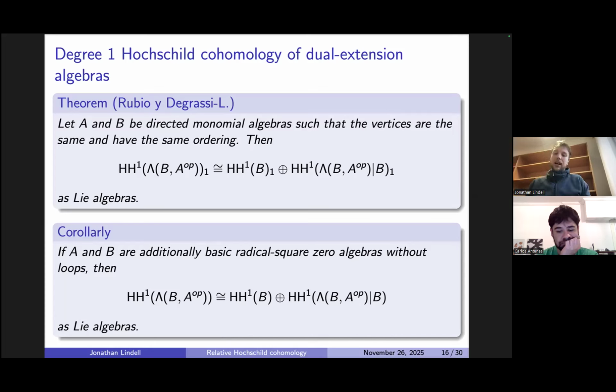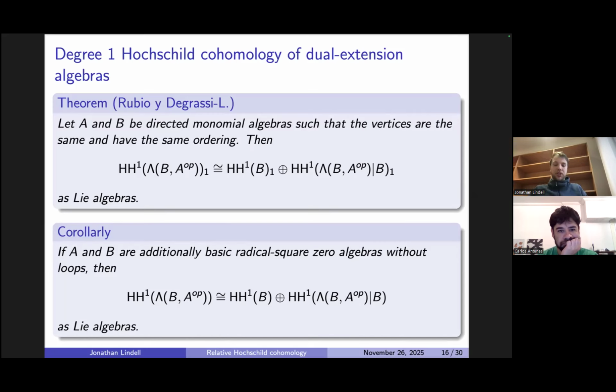So then we get an actual decomposition of the Hochschild cohomology of the dual extension in degree 1 as the Hochschild cohomology of the B part and the relative part. So for example, in this case, we can say that if the B part and the relative part are solvable, then the absolute part is solvable.